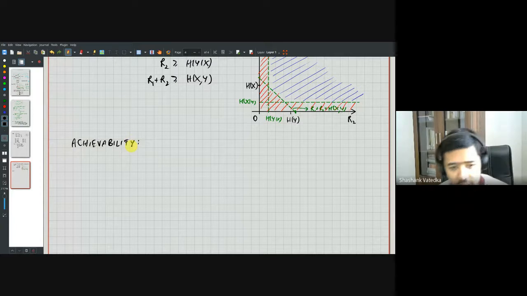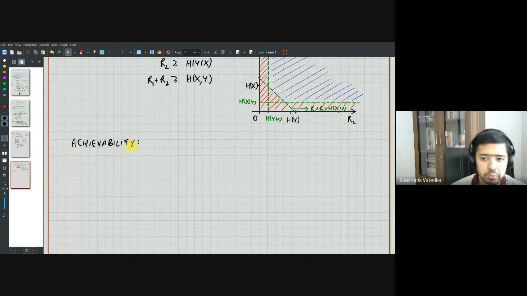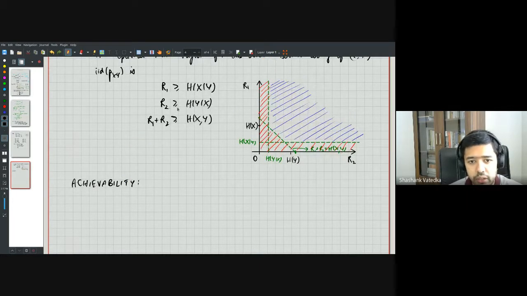We want to prove the achievability part of it, by which I mean that we want to show that there exist compressors and decompressors which allow you to achieve any rate satisfying these three constraints.